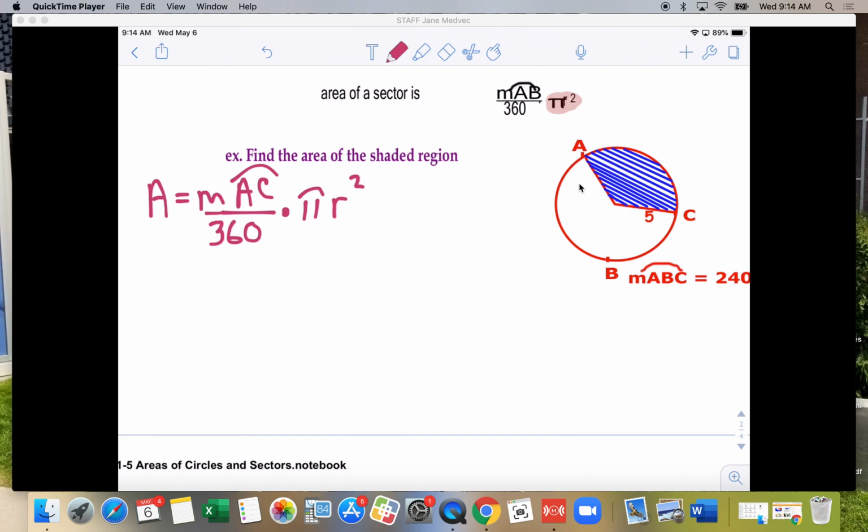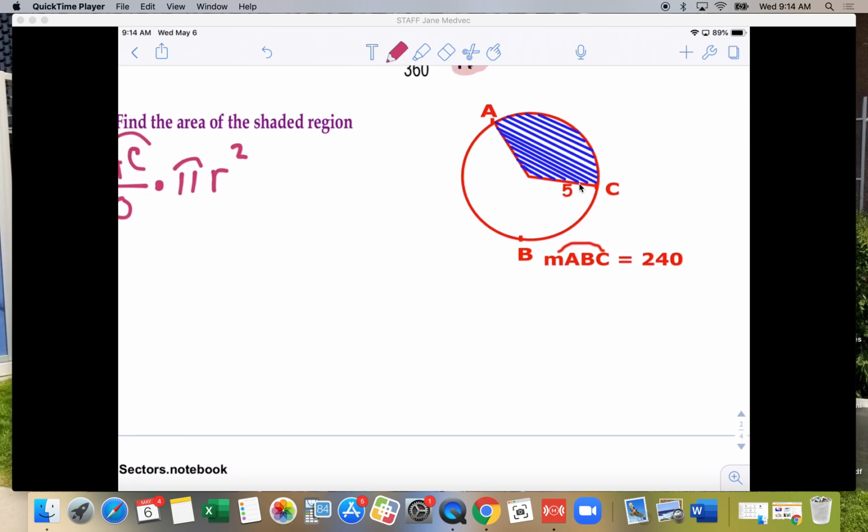Then my area equals the measure of arc AC. Now you're going to notice that they didn't give me the measure of arc AC, but they did give me the measure of arc ABC. So I have to figure that out, and I'm going to take 360 minus 240, which is 120.